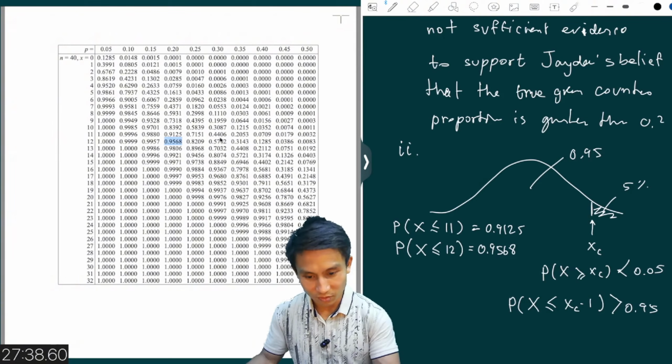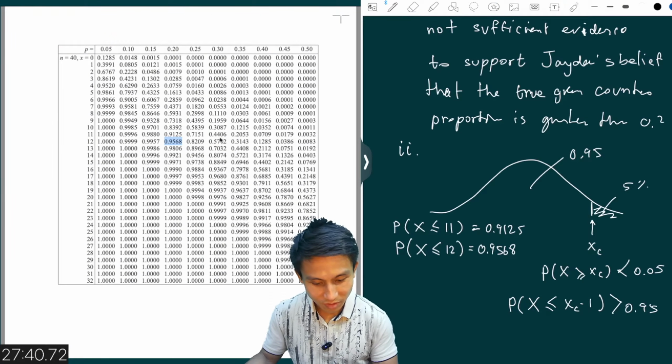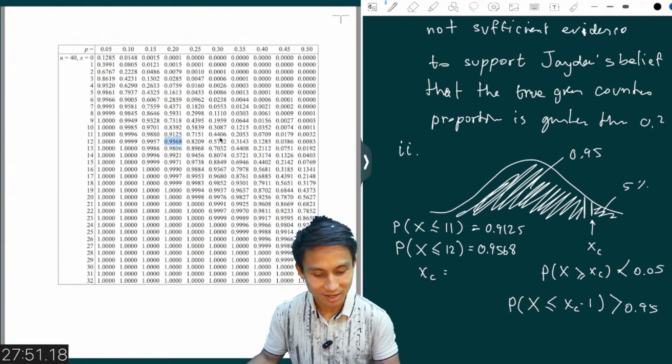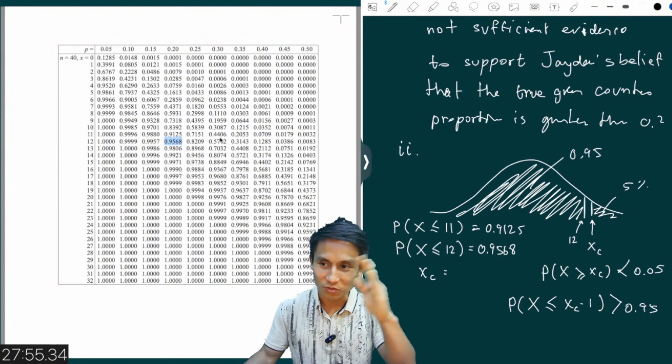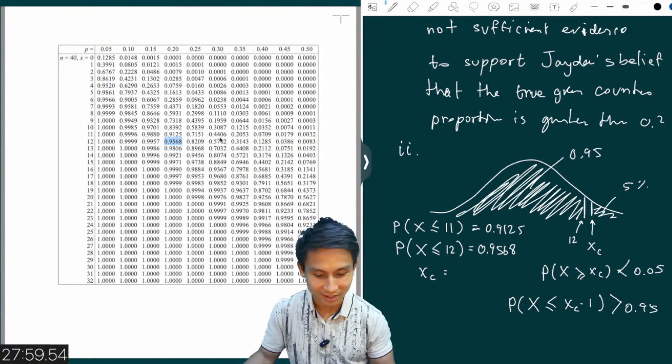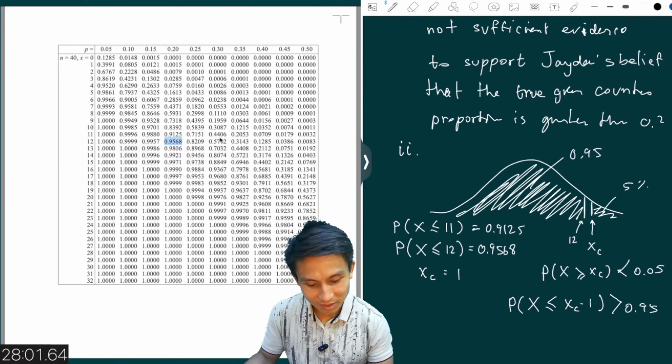So the critical region xc should be this plus 1. Don't forget that the 0.9568 we found is this area. If you want the actual critical region, you just have to go to the right by 1, because it's the opposite side. So xc should be 13.